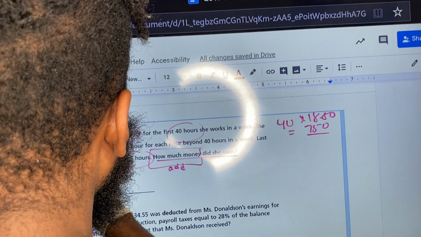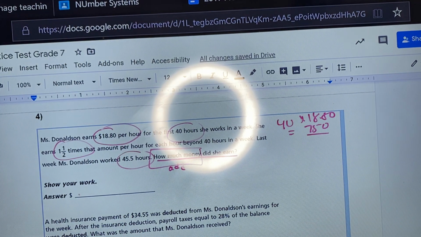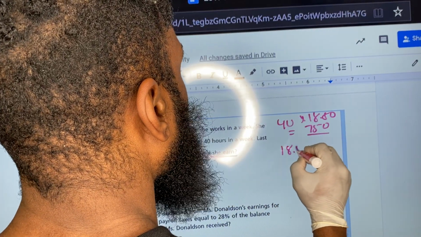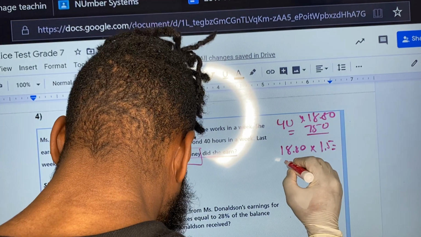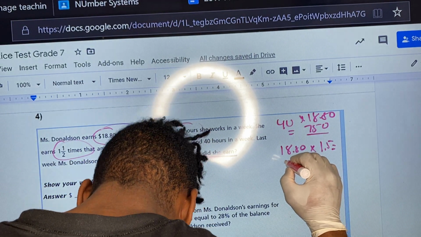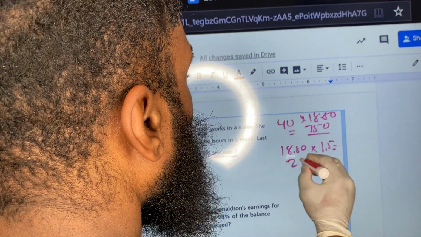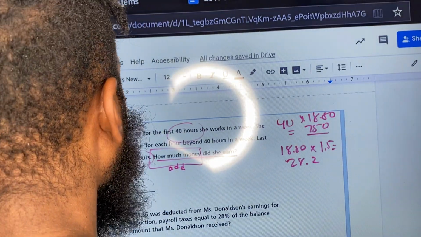So we have to find out the amount of money she earns per hour in overtime. We take the $18.80 times 1.5. That gives us, let's see, 28.2. Wow, she makes $28.20 each hour for overtime.